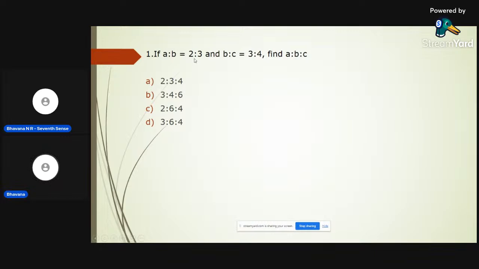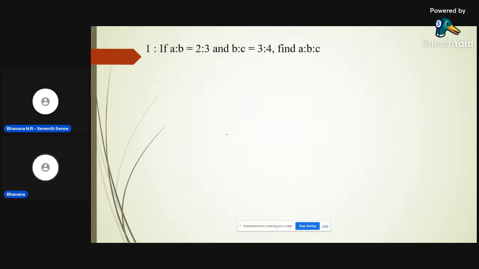Here they have given the ratio format of A is to B and B is to C, but these are not the actual values of A, B and C. So here we have to find out the values. How do we find them? For that we have one formula, right?